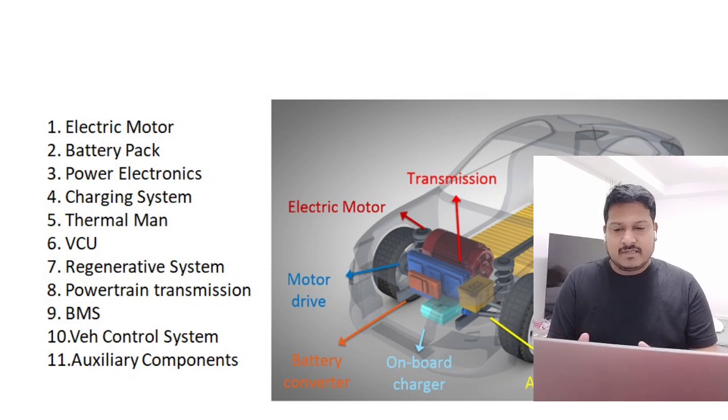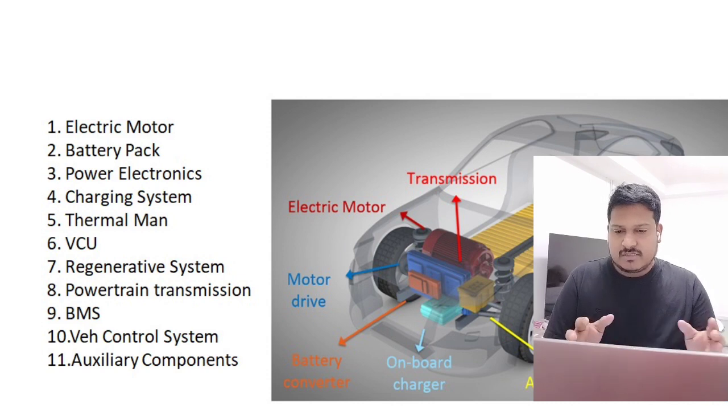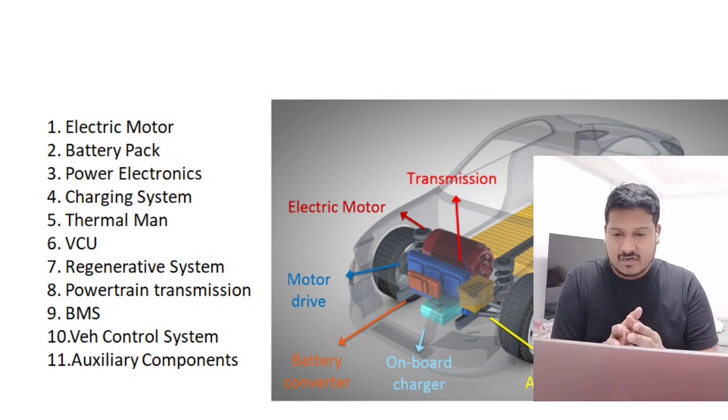So these are the 11 systems that are much needed to propel any electric vehicle. This is how the hybrid vehicle introduction can be too. First you have to understand the components. Here you can see the list of components in any electric vehicle.